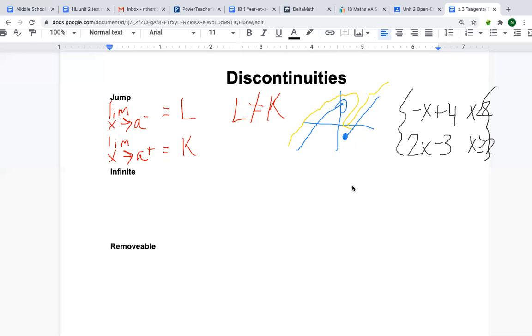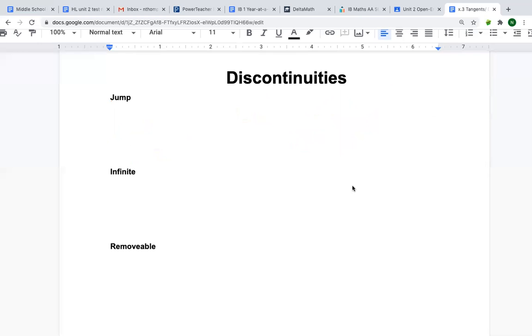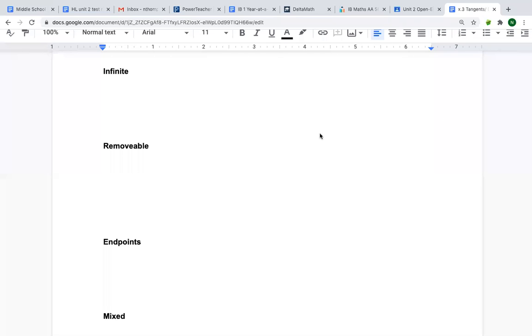The next type is called an infinite discontinuity. An infinite discontinuity is where you have the limit as x approaches a from the left or from the right, or from both sides, going towards positive or negative infinity, hence the name infinite.